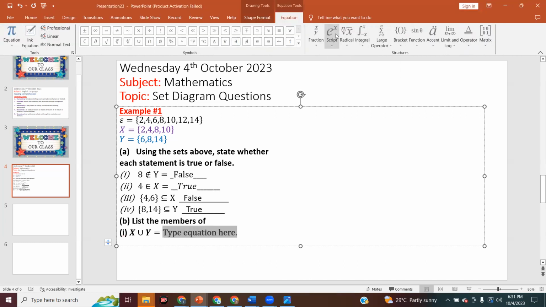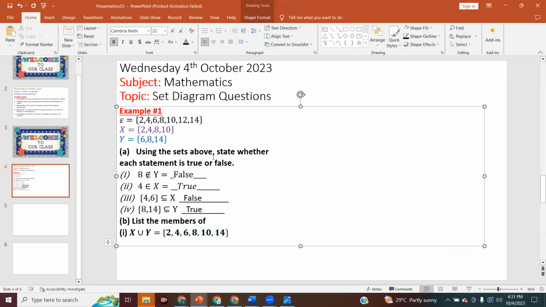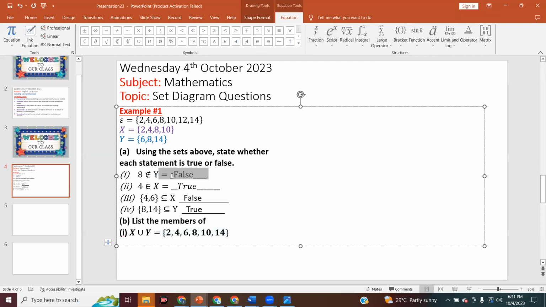So the union would contain 2, 4, 6, 8, 10, and 14. This is the union. They don't have to be in order. You can list X first and then Y, it doesn't matter. And so there you have it.